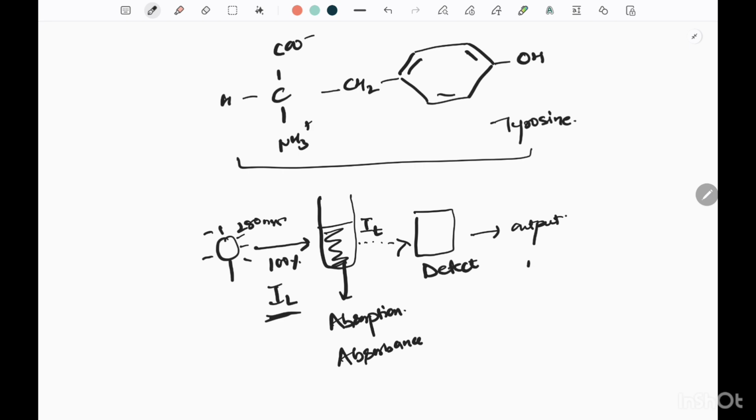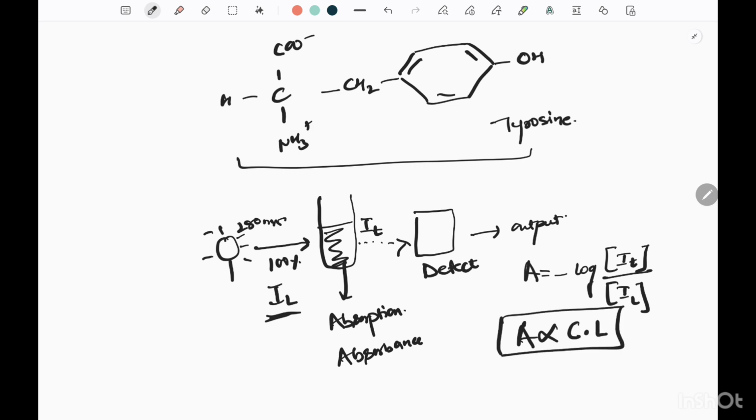So there's a formula: A equals minus log of IT divided by IL. This directly corresponds to the concentration as well as the path length. This is called Beer-Lambert's law, which we are going to discuss in great detail in upcoming slides.